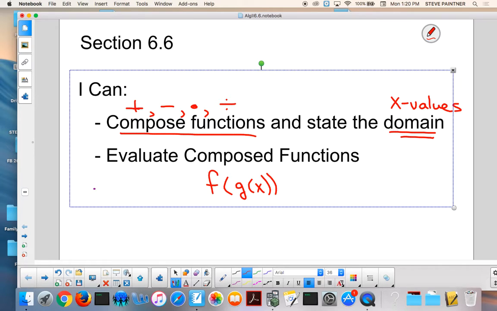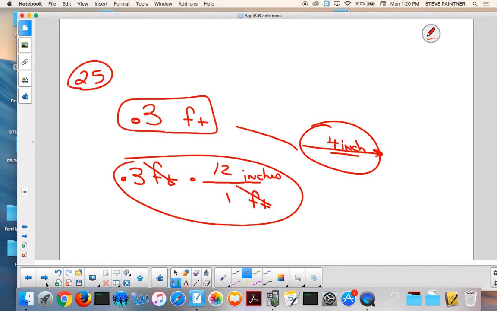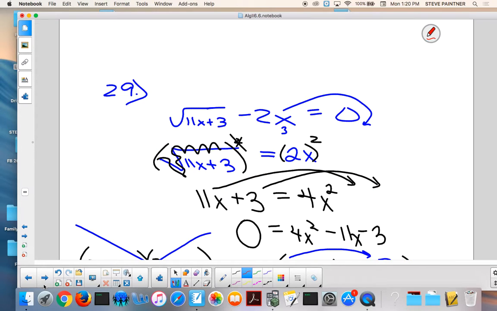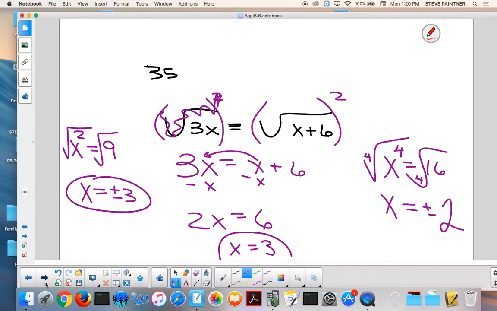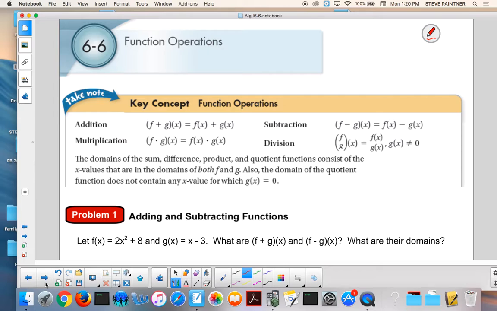Okay, here's where you're at. They're trying to tell you this. If you are going to add, subtract, multiply, divide functions, when they tell you to add f plus g of x, just write this down, or in your mind, think about it this way.